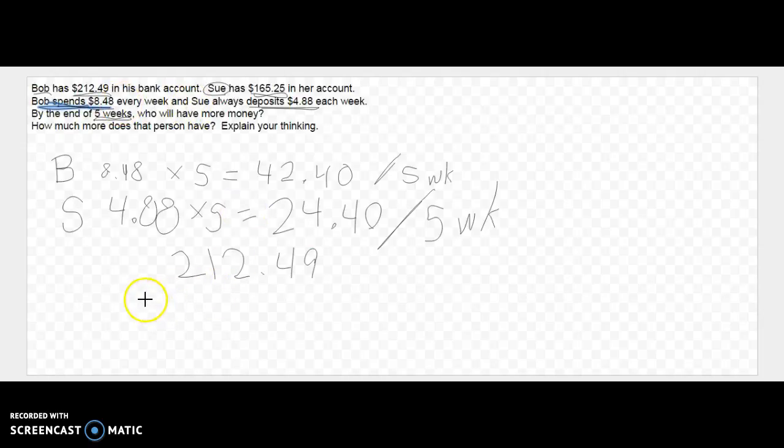So I have to subtract, since he is spending, and I'm going to subtract $42 and 40 cents. Now this is one place where some of you who did this math by hand on paper made a mistake, and I think you didn't line up your decimal points, and that will always result in something kind of funky happening.